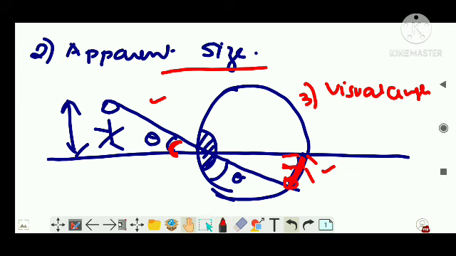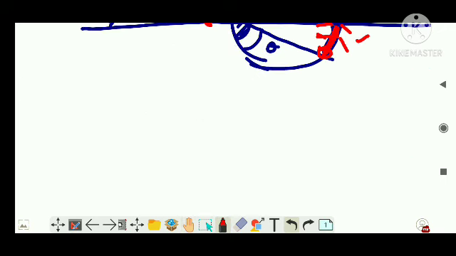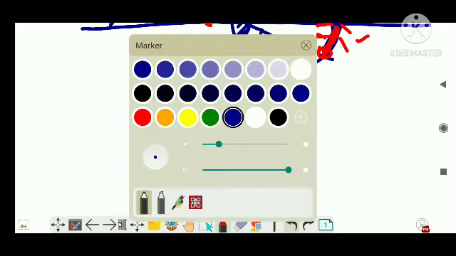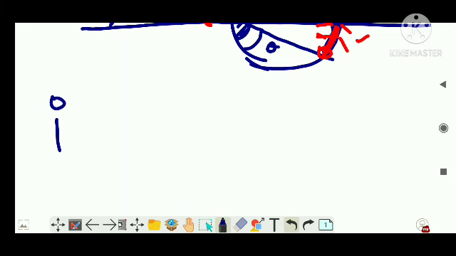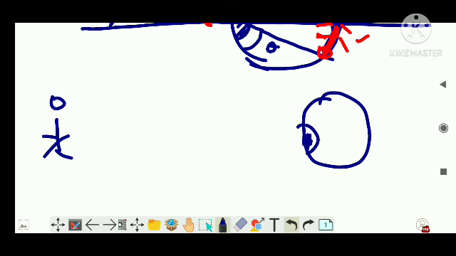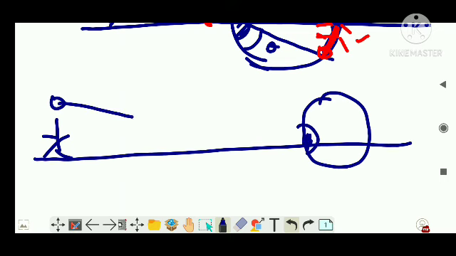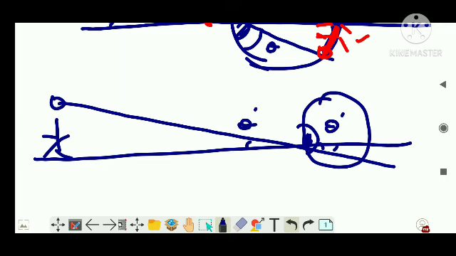Suppose I keep this person very far away. The person is here and your eye is here, and the light ray will be like this. So the visual angle has reduced, let's say to theta dash, and the apparent size reduces.